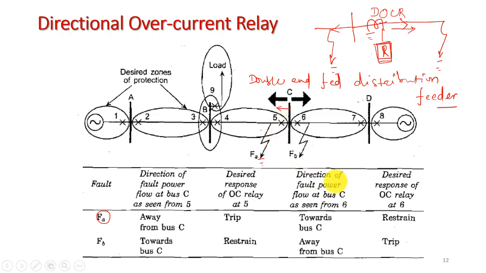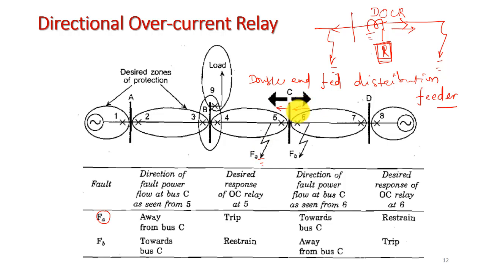And the direction of the fault power flow at bus C, what will it be when we see it from relay 6? For the fault FA, how will the power flow look from relay 6?